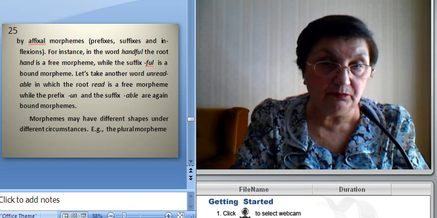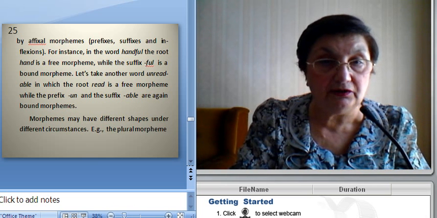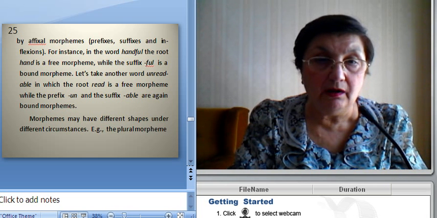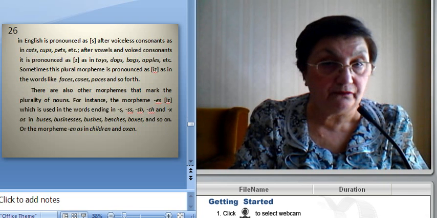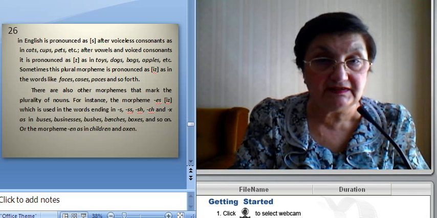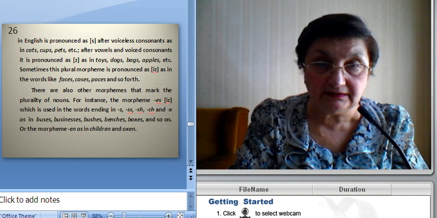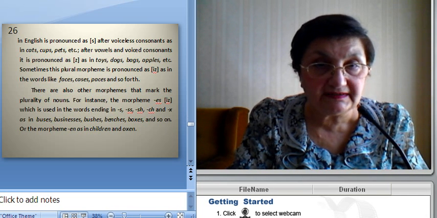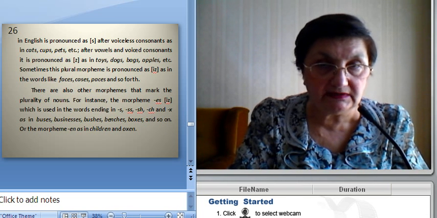For instance, the plural morpheme in English is pronounced as s after voiceless consonants as in cats, cups, pets, etc. After vowels and voiced consonants, it is pronounced as z, as in toys, dogs, bags, apples, etc. Sometimes this plural morpheme is pronounced as iz, as in words like faces, cases, paces, and so forth.